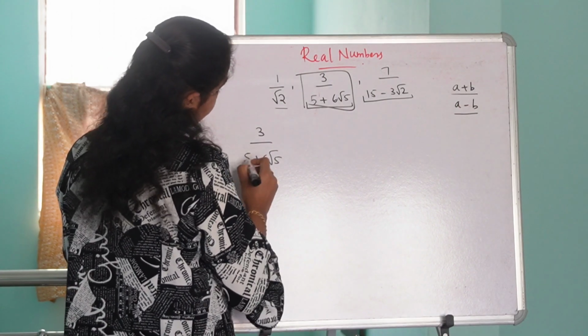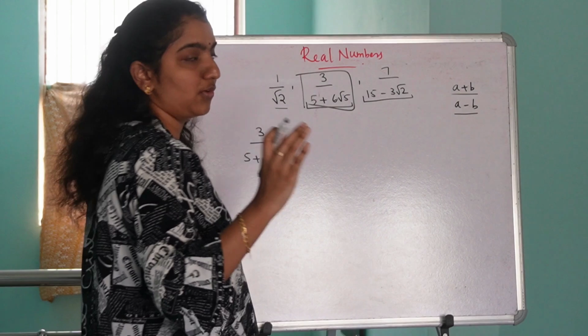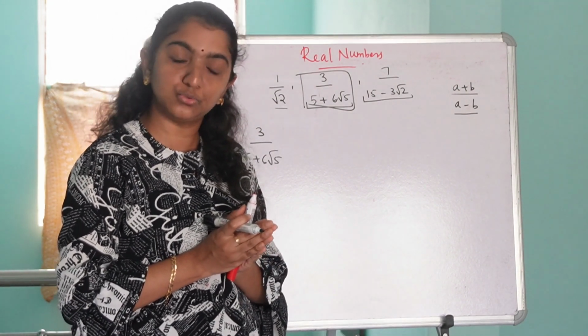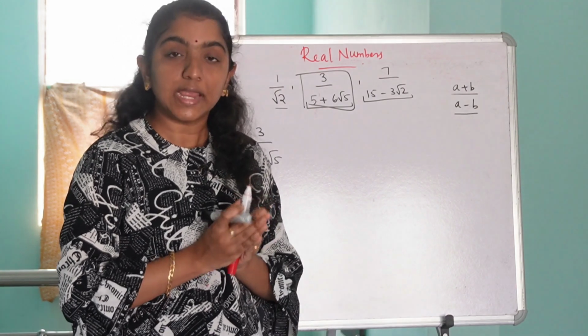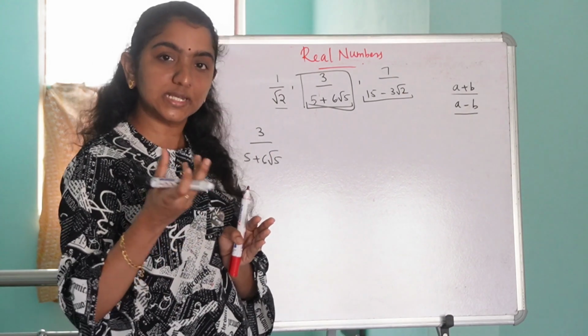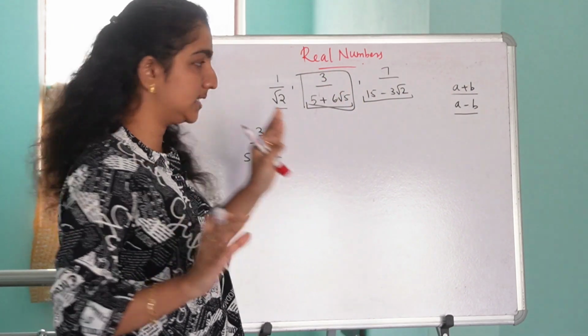Okay. And here I told you for rationalizing the denominator we use the identity a plus b into a minus b is equal to a square minus b square. And also if the denominator is in the form a plus b, then you have to multiply by a minus b.